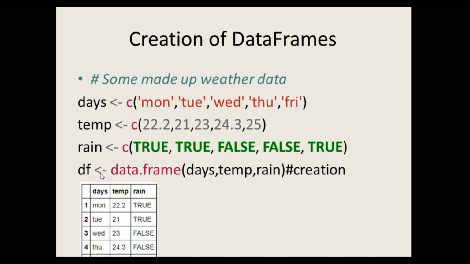So this is the structure of a data frame. You can see that one column has character data, another has numeric data, another has logical data. Column-wise you can have different data, but within a column you cannot have different data.